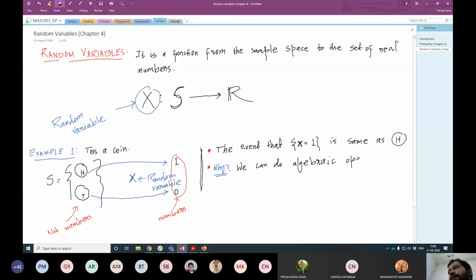Algebraic operations means say addition, subtraction, multiplication, division with numbers only, right?